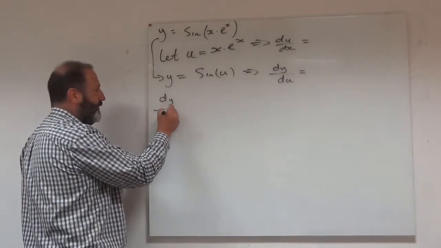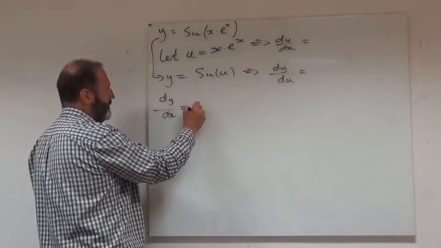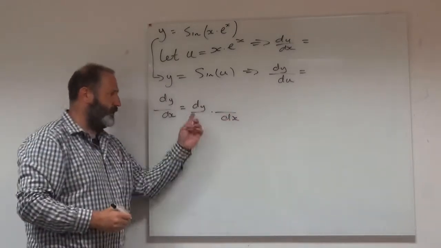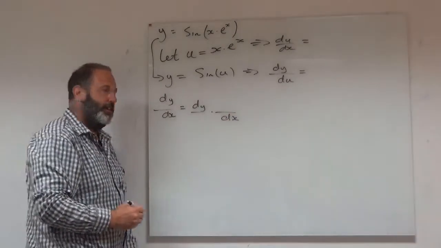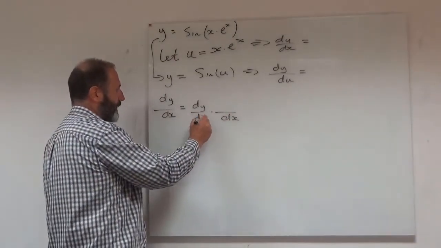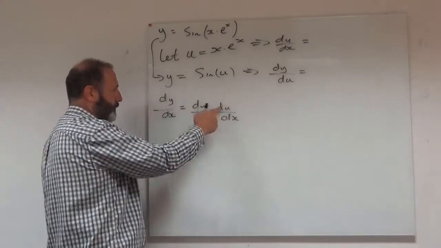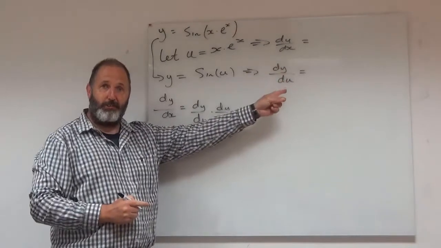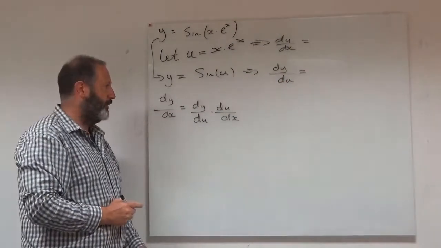So I'm trying to find dy/dx, and the easiest way to remember this formula is to split up the dy/dx like this and, in the gaps, use du. So I'm looking for the product of these two terms, which would be my two answers on the right of the board.